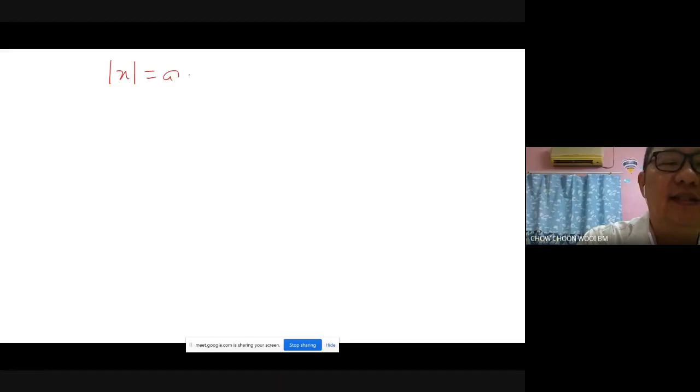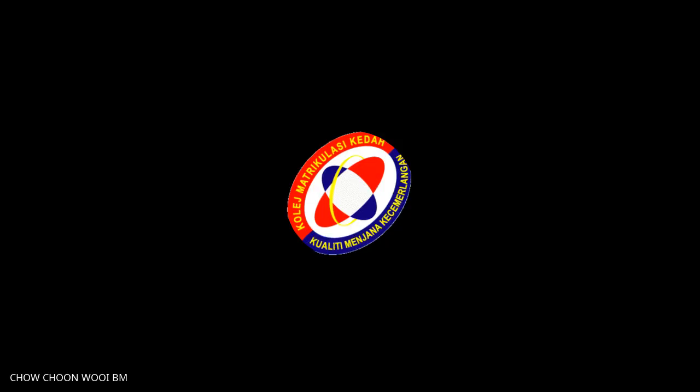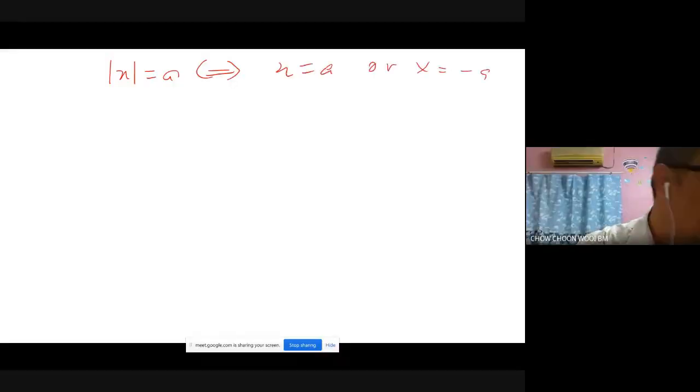Okey, ingat tak? Satu, the modulus of x equals A if and only if x equals A or x is equal to negative A. Satu untuk sama. Yang kedua, kalau ada kertas tolong tulis.